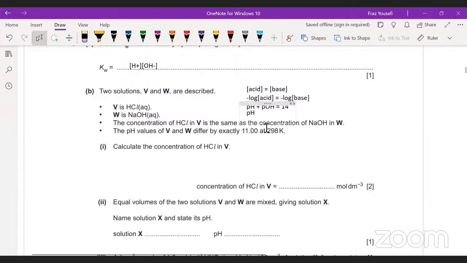so here's what we got. Let me do it again. Sorry. This is the understanding that we want. So you will end up getting the idea here of 2 pH.